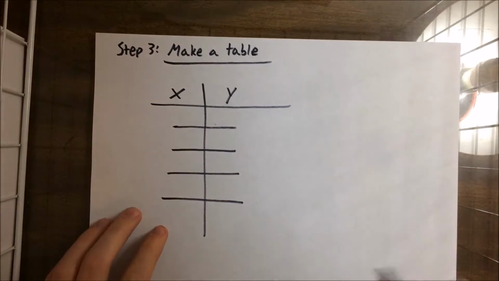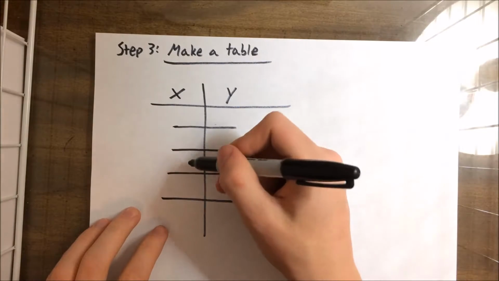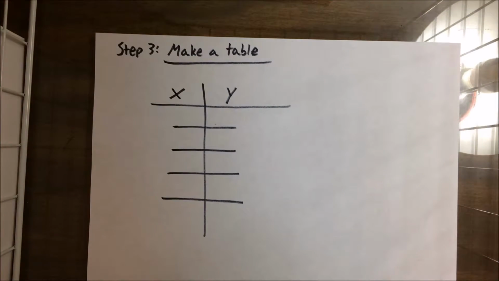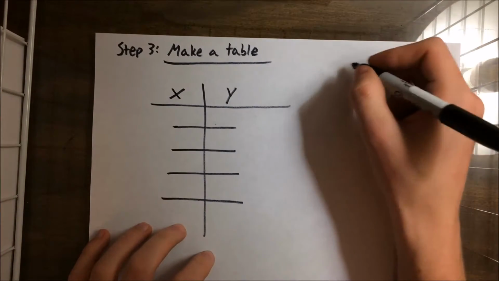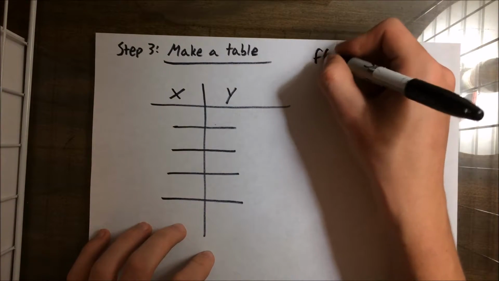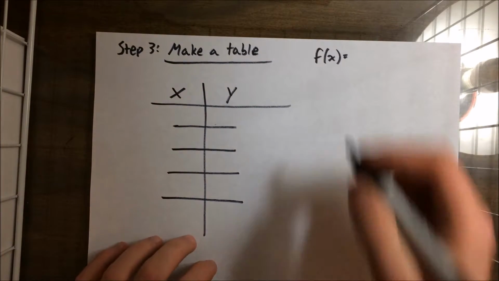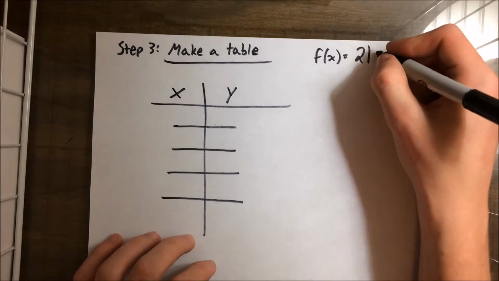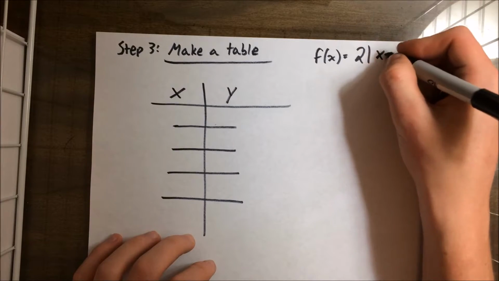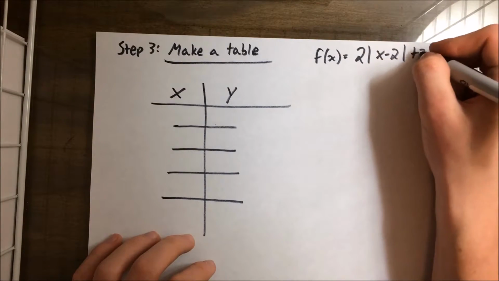Okay, so now let's move on to step 3. In step 3, we're going to make a table, so that we can have 5 different coordinate points. Let's rewrite the function real quick. So f of x is equal to 2 times the absolute value of x minus 2 plus 3.